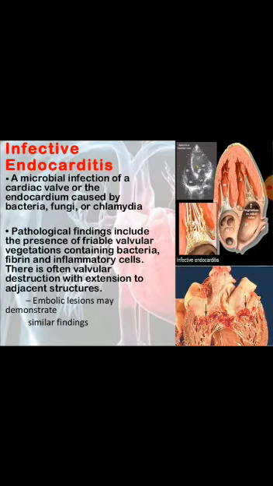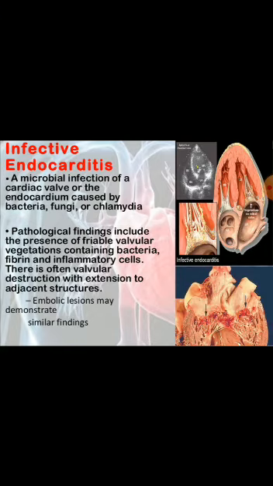Okay, the other term we will see is infective endocarditis. Infective endocarditis is due to microbial infection of the cardiac valve or the endocardium, and it is caused by bacteria, fungi or chlamydia. The pathological findings include the presence of valvular vegetation, again the fibrotic nodules present on the valves, that may contain bacteria, fibrin, and inflammatory cells.